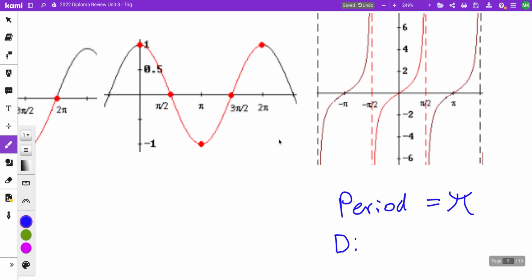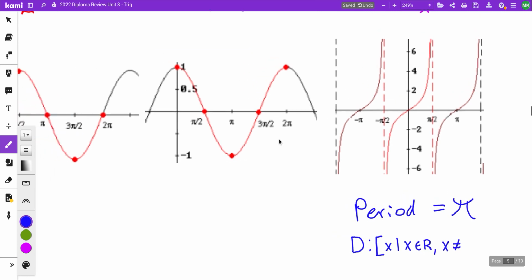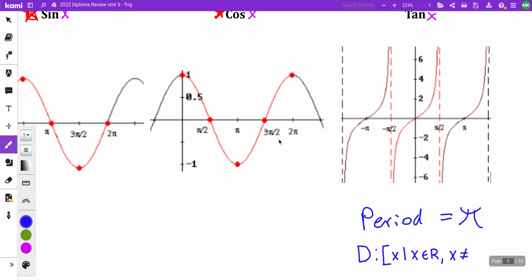The domain for just a regular function would be x as an element of the reals because it goes left and right forever. However, x cannot equal any of those asymptotes.